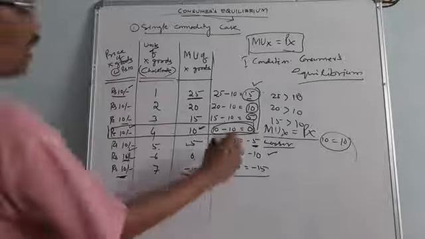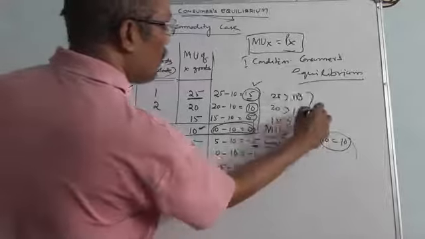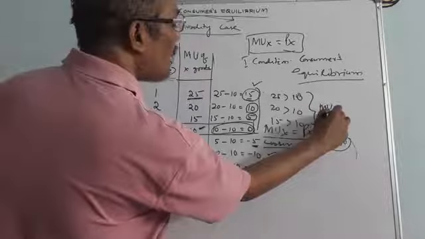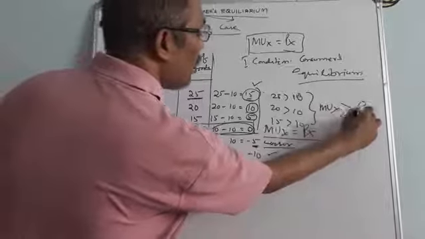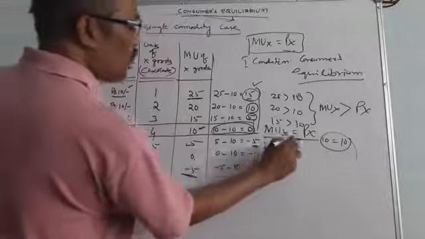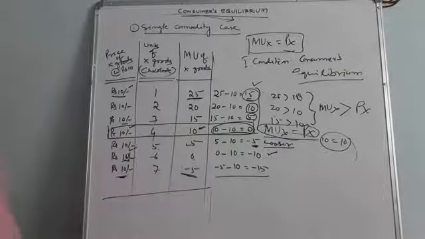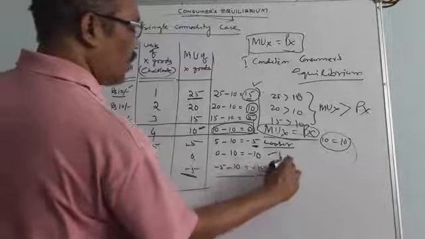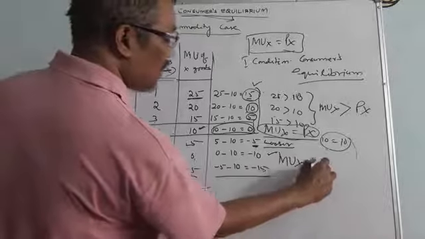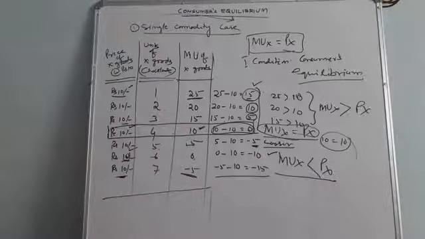So up to that point, the marginal utility of X goods is greater than the price of X goods. And in the fourth unit, marginal utility of X equals price of X, 10 equal to 10. After that, marginal utility of X is less than the price of X.